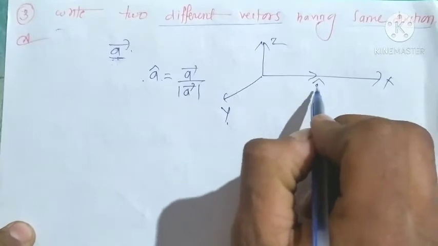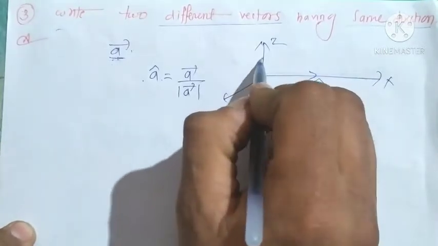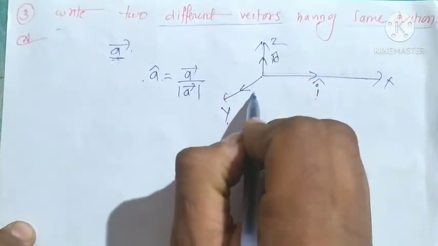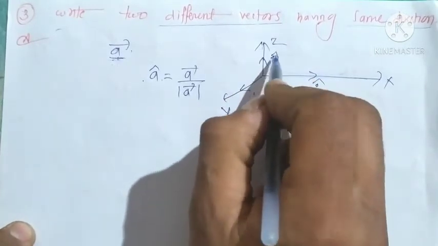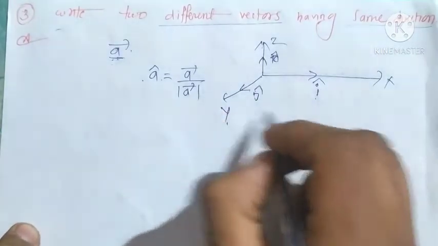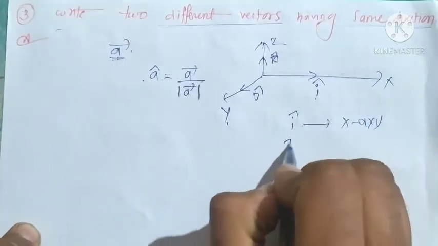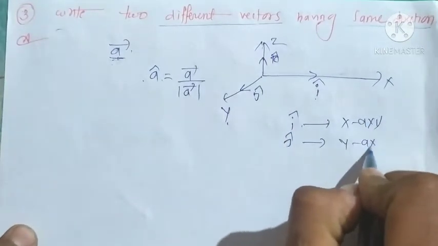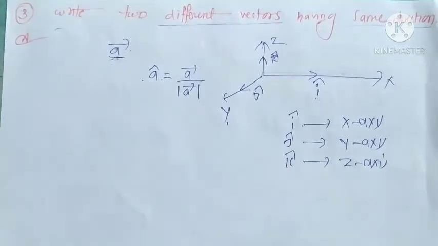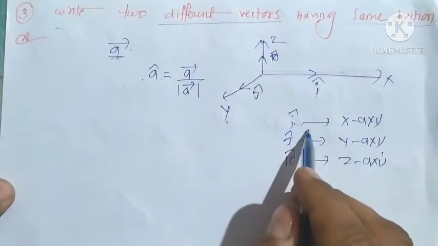Unit vector i is along the x-axis, unit vector k along the z-axis, and unit vector j along the y-axis. These are unit vectors, and the magnitude value of a unit vector is always equal to 1.